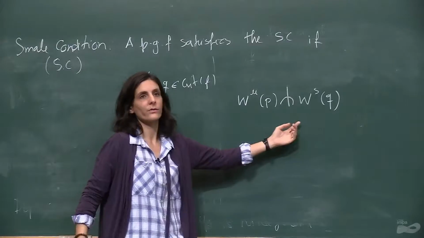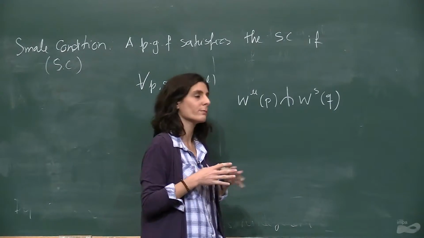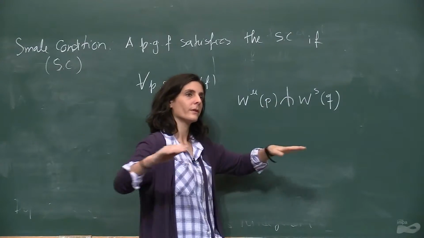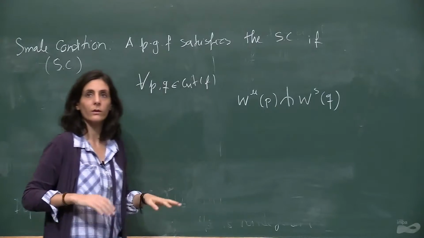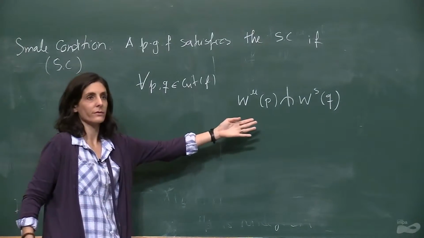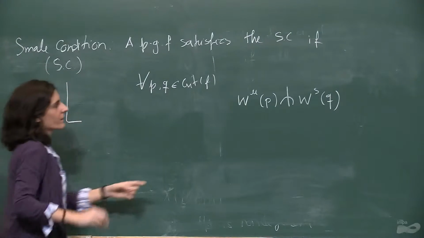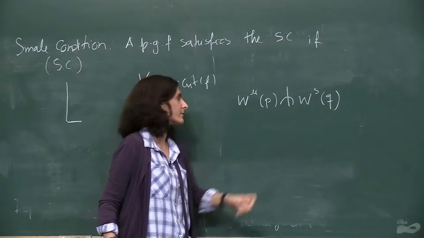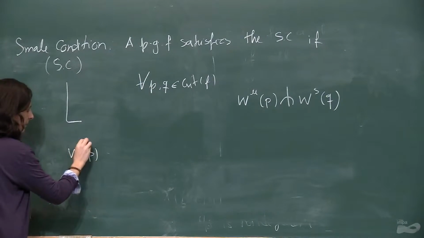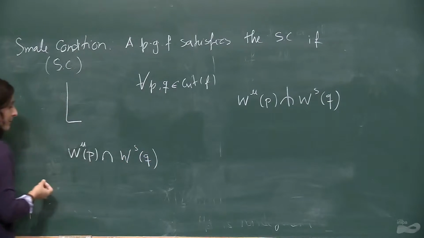Intersect transversely means you take the points in the intersection, and you span the tangent spaces, and you see if it gives you the whole tangent space of the manifold. If it does, they intersect transversely. In this case, this intersection here is a manifold.